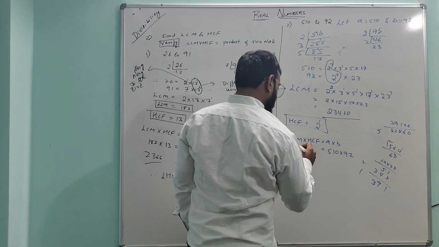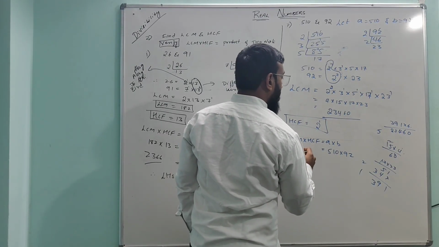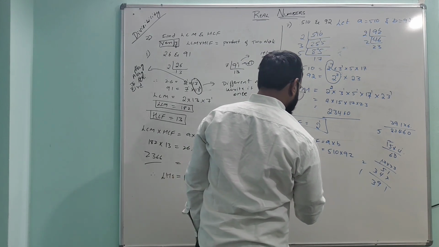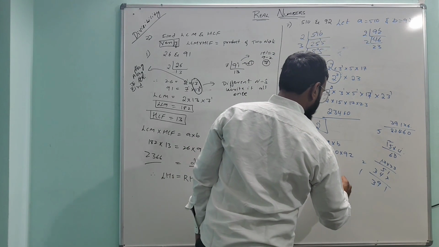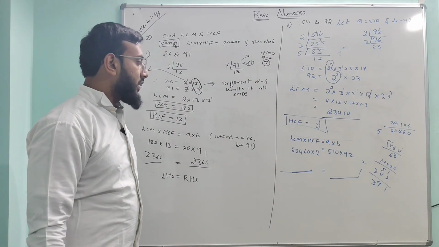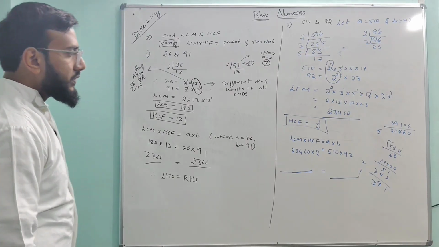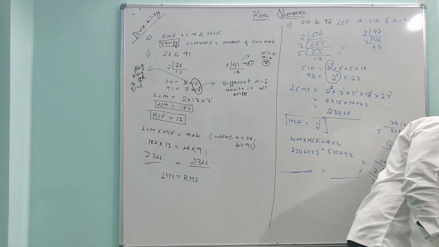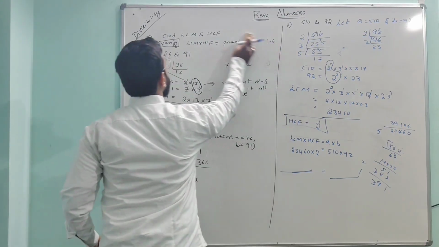LCM we have got is 23460, into 2. After you multiply, you'll get some answer. This will be the final verification. To multiply, we'll multiply this.